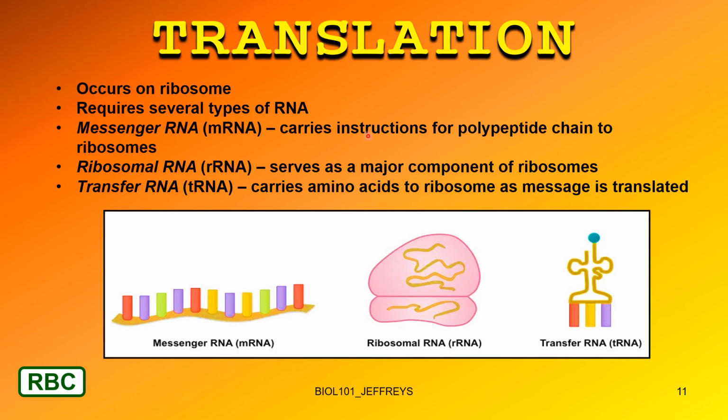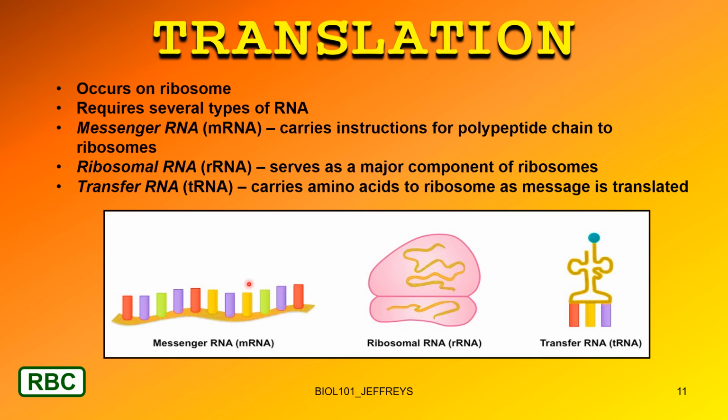This is what we just made when we transcribed the DNA. The ribosomal RNA, lowercase r RNA, serves as a major component of ribosomes, and it's via the ribosomes that come together that are able to read the message and translate it into protein. And then you have transfer RNA, lowercase t RNA, which carries the proper amino acids to the ribosome as the message is translated.